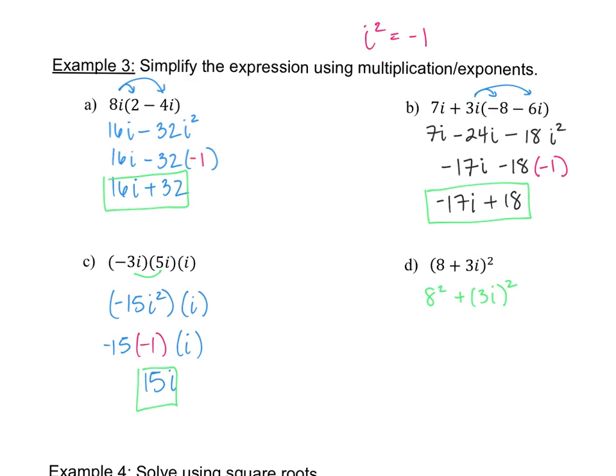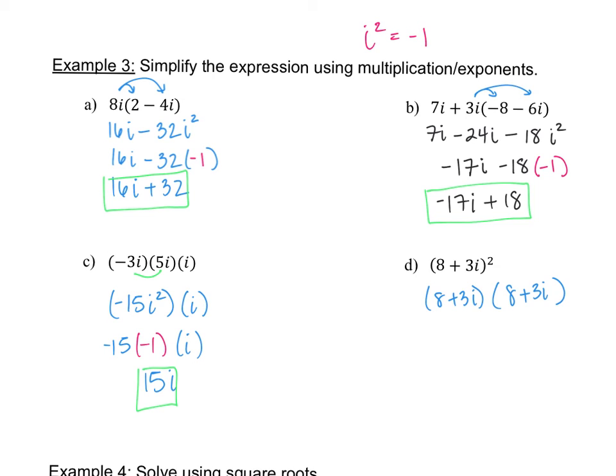Anytime you have something that's squared, what is being said is that you're taking the thing that you're squaring and multiplying it by itself. So if I'm squaring 8 plus 3i, then what I'm really doing is taking 8 plus 3i and multiplying it by another 8 plus 3i.